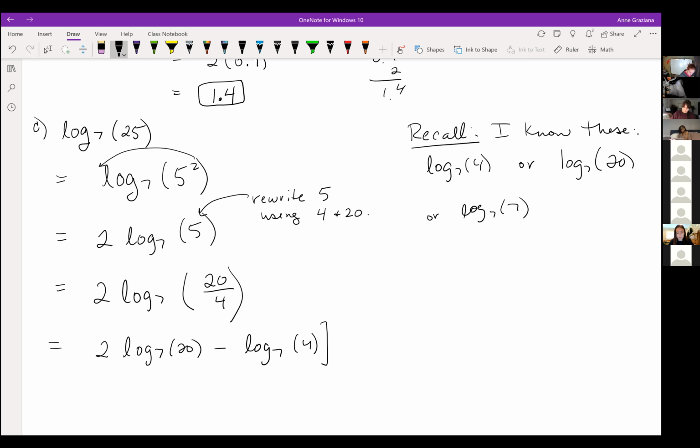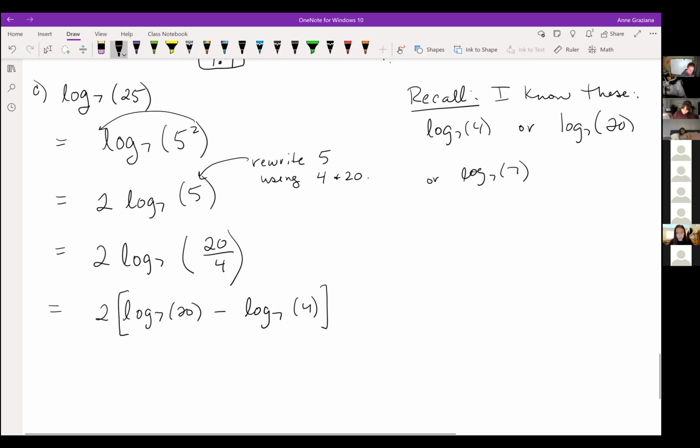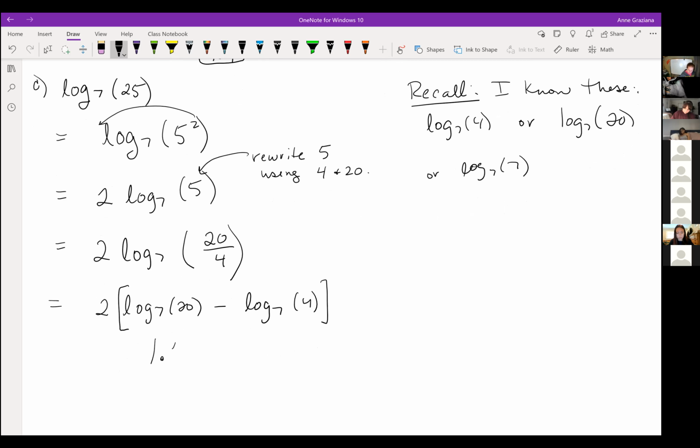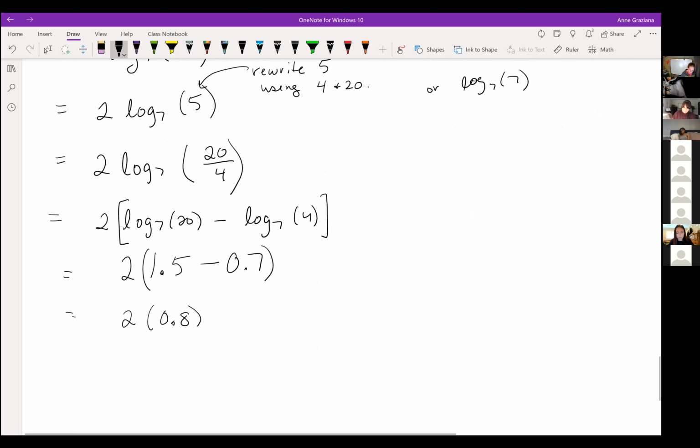Now this is a quotient. But be careful, this is all multiplied by 2. Now I can use everything I know. This was 1.5. Log base 7 of 4 was 0.7. And then this is times 2. So this is 2 times 0.8, which is 1.6.